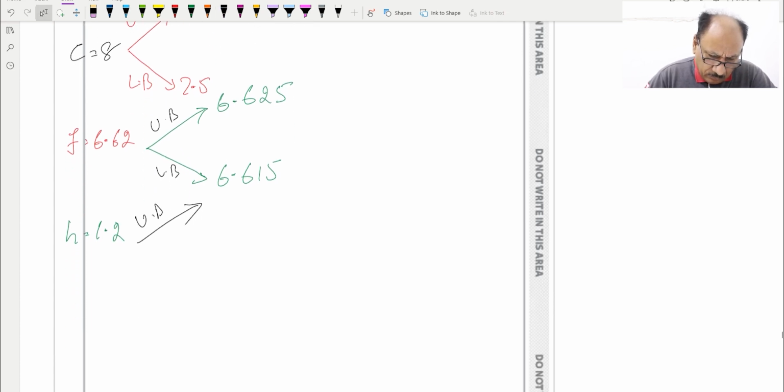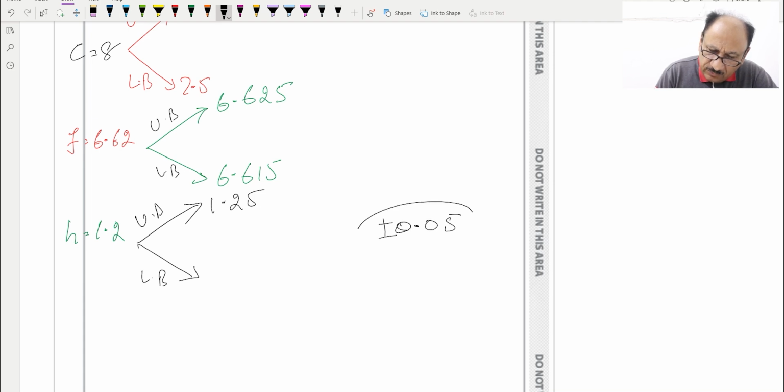The upper bound will be 1.25, because for 1 dp we take the second decimal place, so 0.05 we are adding and subtracting in the given value. The lower bound will be 1.15, and these are the values.